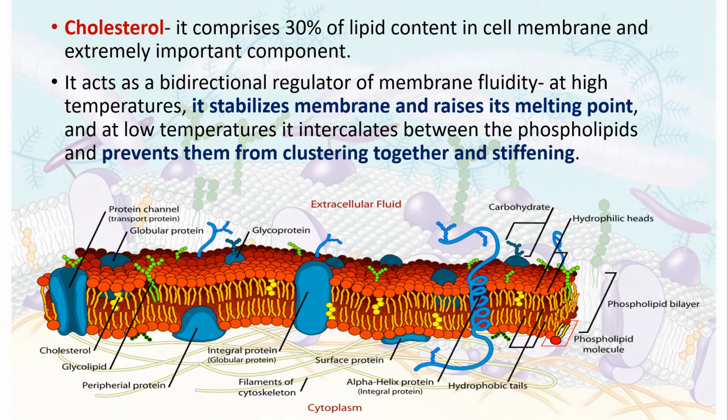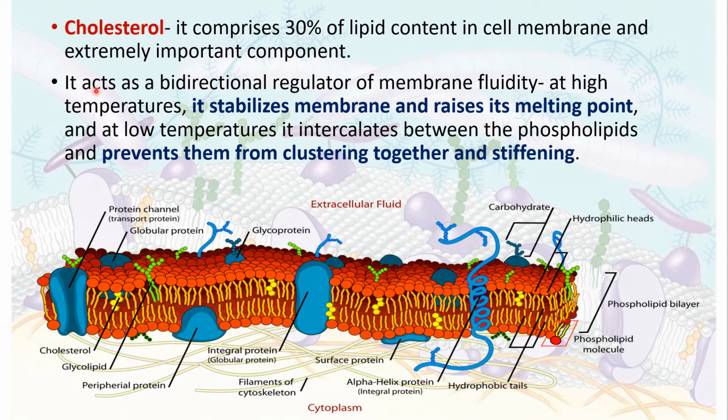Now the last but not the least is cholesterol. It comprises 30% of the lipid content in the cell membrane and is an extremely important component. From all the lipid content of the plasma membrane, 30% is cholesterol.